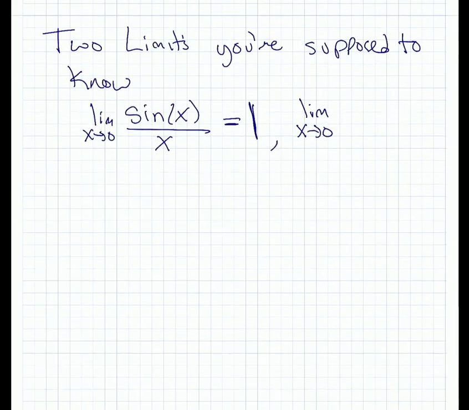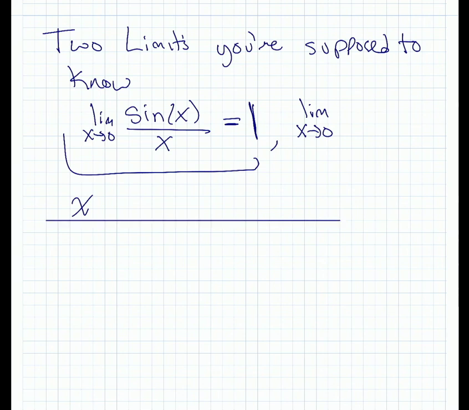Let's do the first one first. I'm going to write it up here when we find it. But here is what I want. So limit as x goes to 0 of sine x over x equals 1. If you're evaluating this limit right here, you would have to do it with a table. There's not another way. So you would make an x column and a sine x over x column.